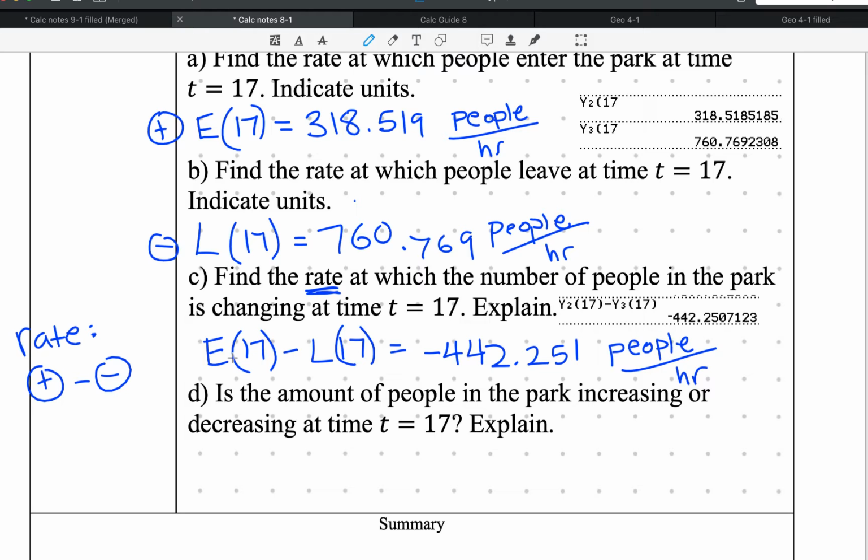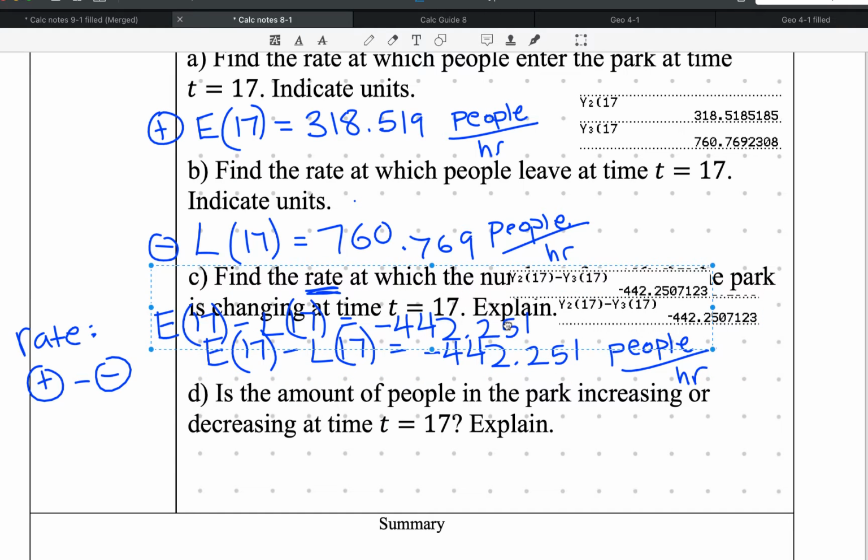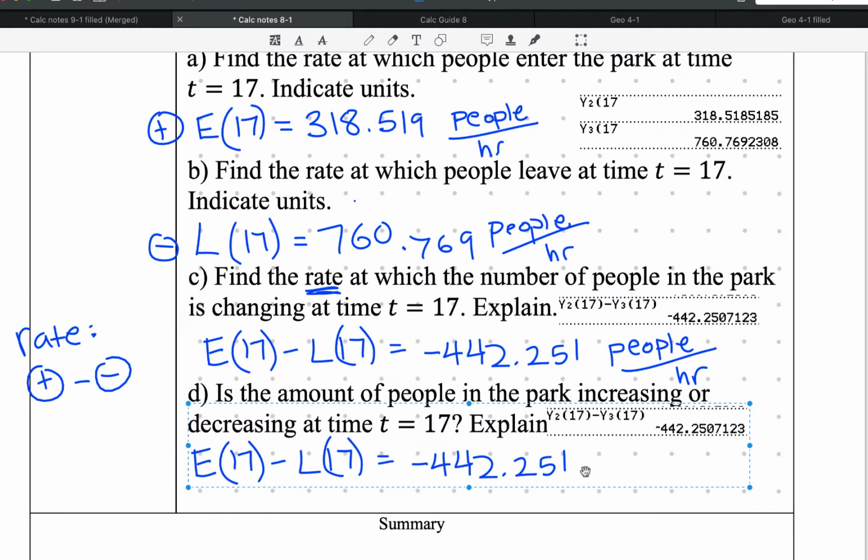It's the antiderivative of the derivative, which is just the same thing as this question right here. I literally am going to copy paste this and paste it down here. If you did, I apologize.